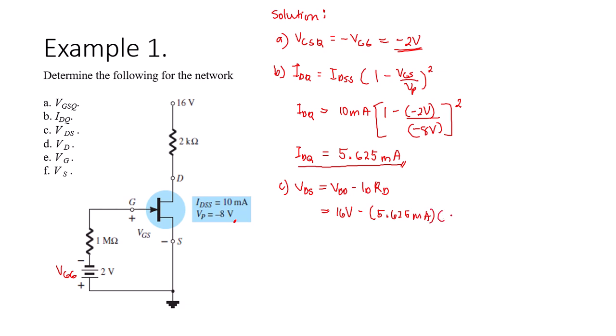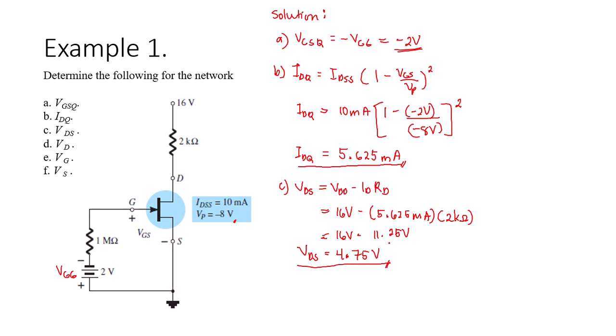And RD is given with a value of 2 kilo ohms. So let's simplify our solution. Minus, so this is 11.25 volts. So we get our final value for the VDS equal to 4.75 volts.